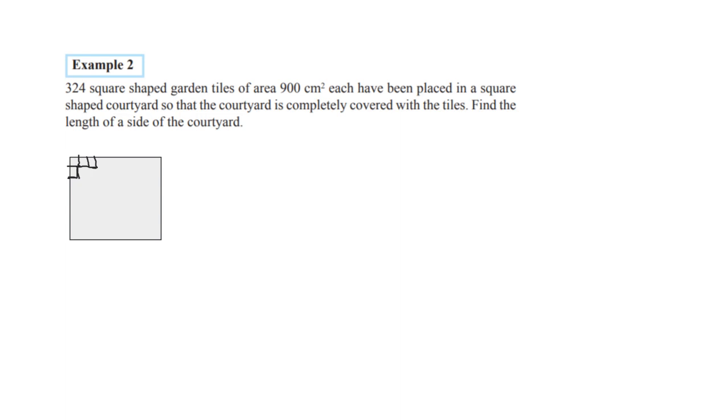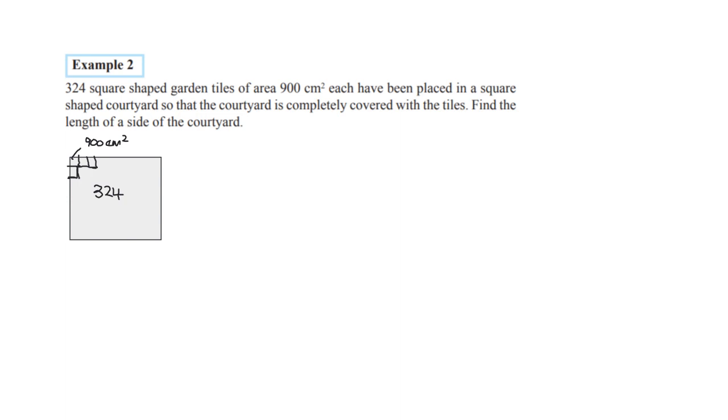Look at this courtyard. Here, 324 square-shaped garden tiles they have placed. So 324 altogether here, this type of garden. You know, one tile area is 900 cm squared. So you can find one side of a tile.